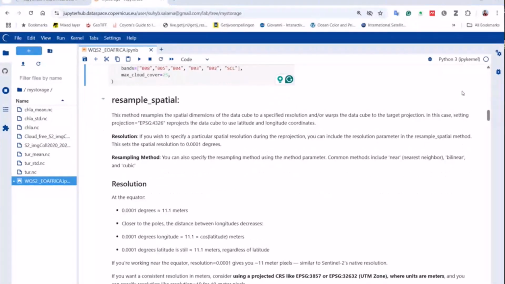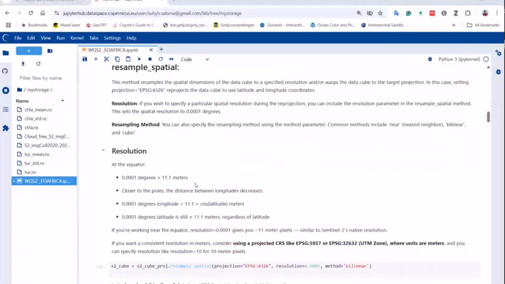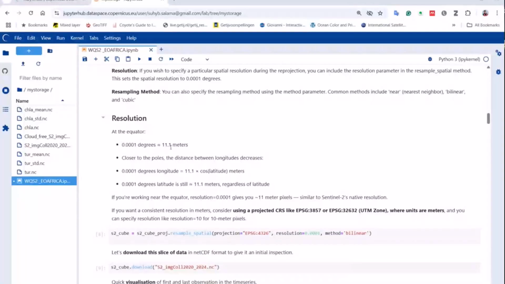You could think about resampling. I would like to map them in WGS, for instance, so plot them in lat long, which is really nice, but it has a disadvantage. If you would like to resample to, for instance, 10 meter, which is the highest resolution Sentinel-2 has, then you have to choose 0.0001 degree.